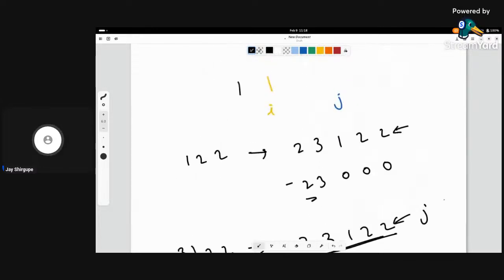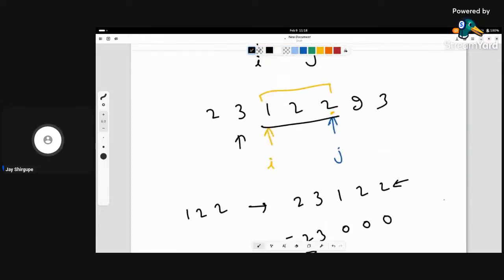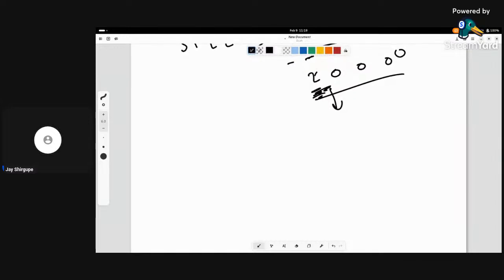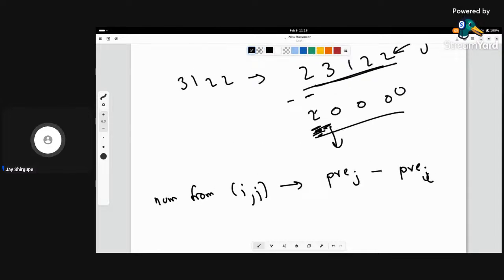Now if you look at the number that we're subtracting, that's actually the prefix up to i minus 1. So your number from i to j is actually prefix up to j minus prefix up to i, and some number of zeros, something like 10 to the power j minus i minus 1.